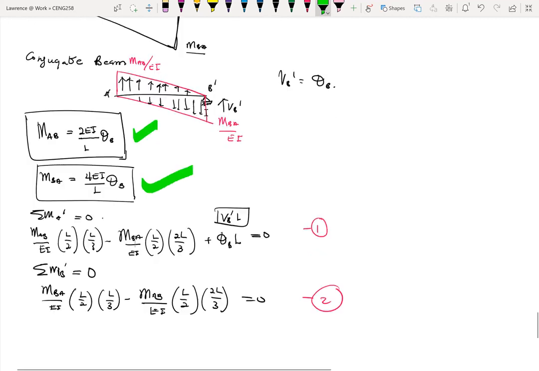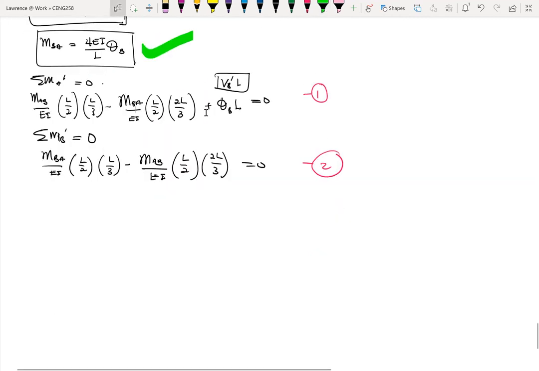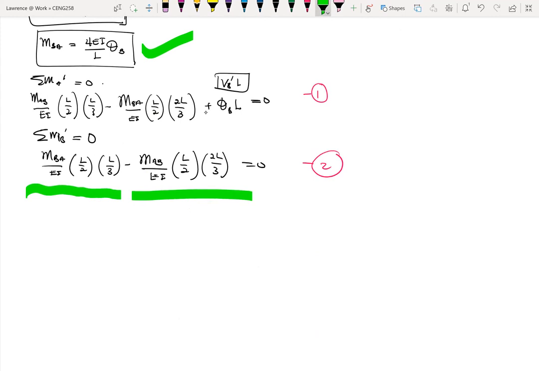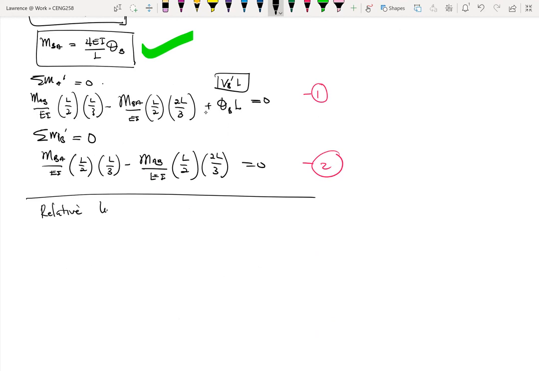All right, so the next thing to look at, since we are almost running out of time, will be the relative linear displacement.